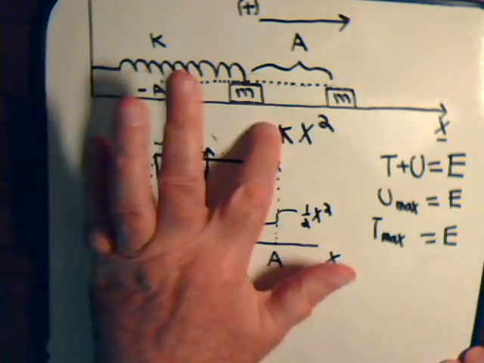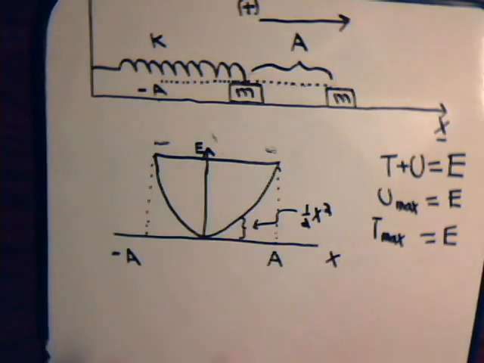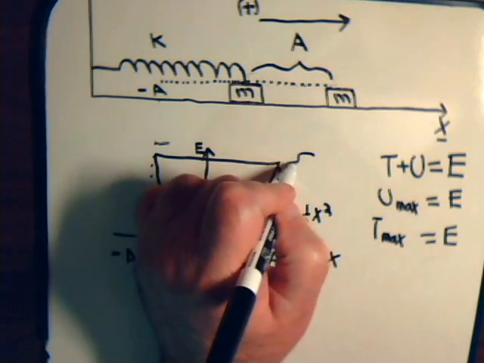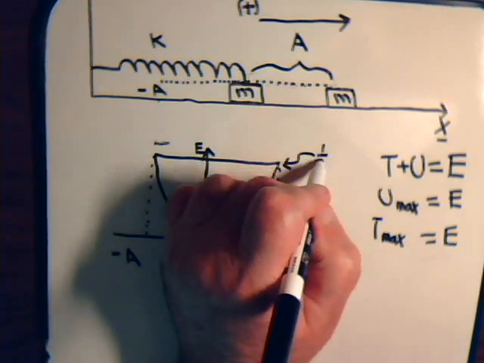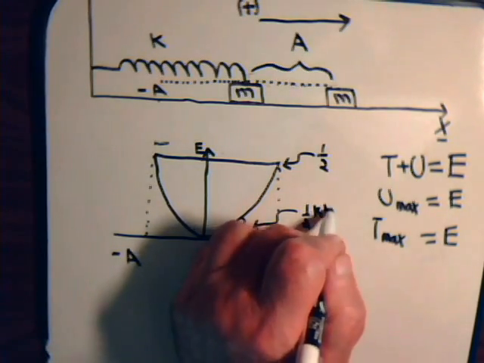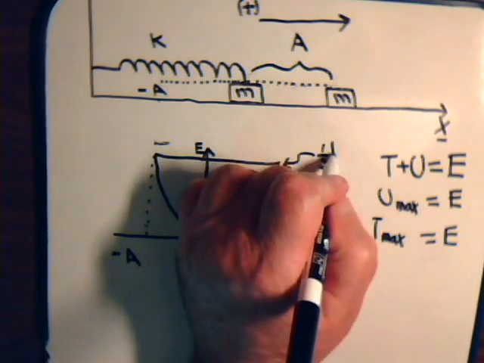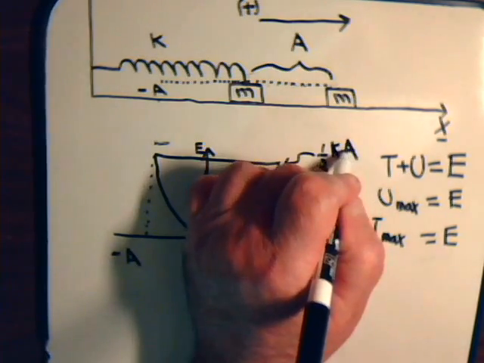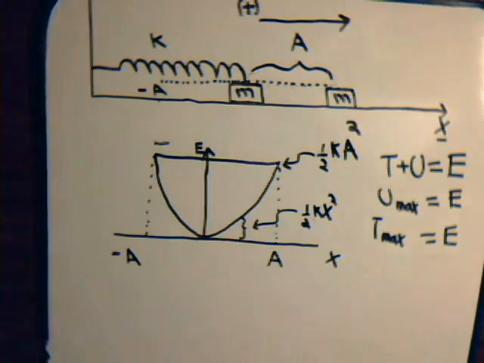And we don't need this any longer. Now, at this point, when x equals A, then obviously that point is 1/2 kx squared. This is 1/2 k times A squared.